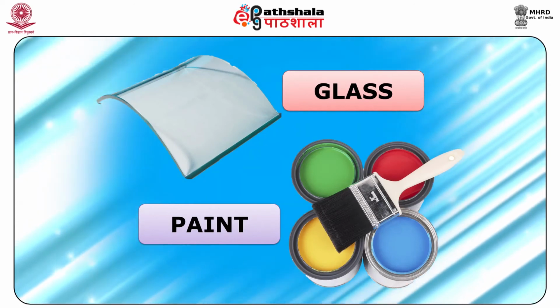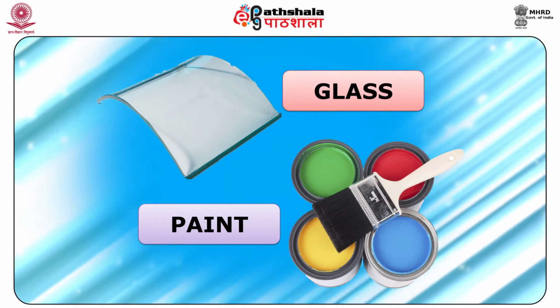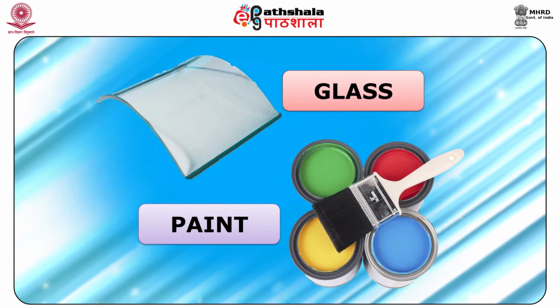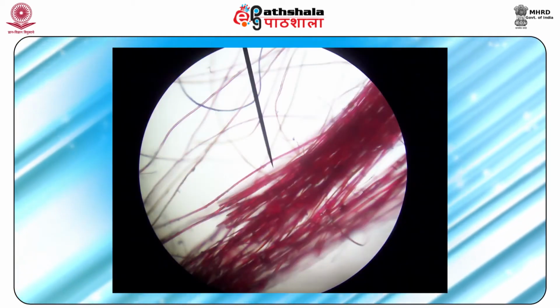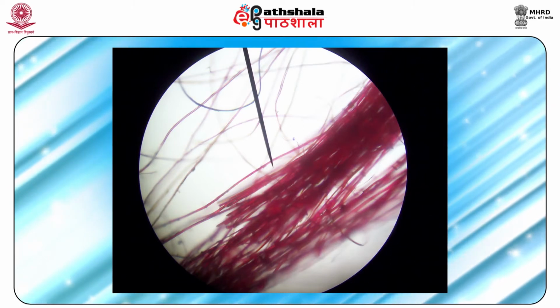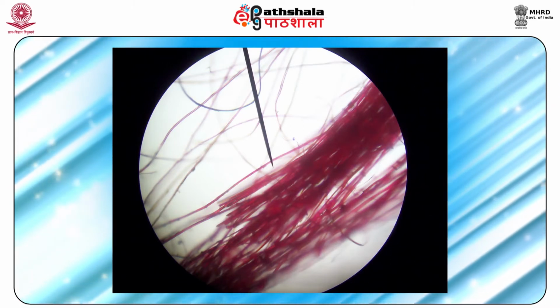As is the case with glass and paint, a positive association in forensic fiber analysis is usually not a conclusive identification. A positive association will typically result in a conclusion that a questioned fiber is consistent with a known fabric.